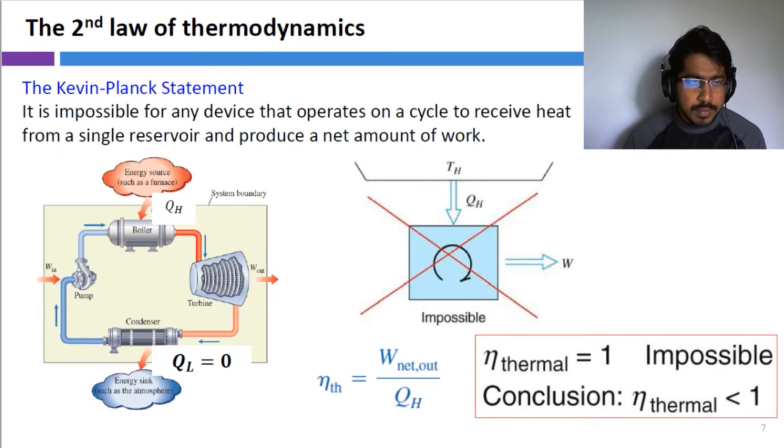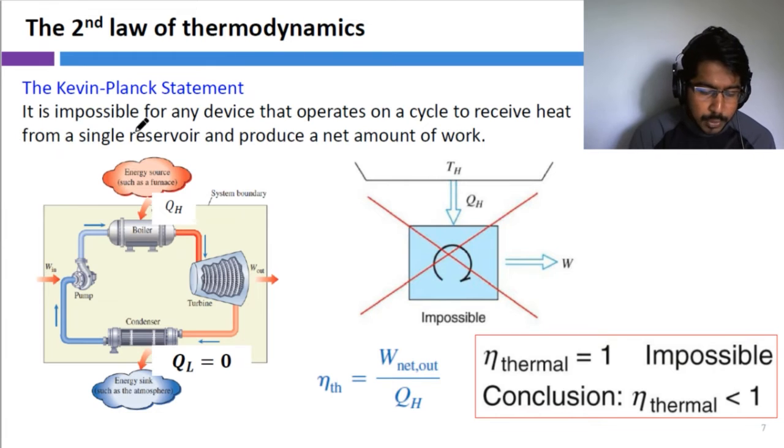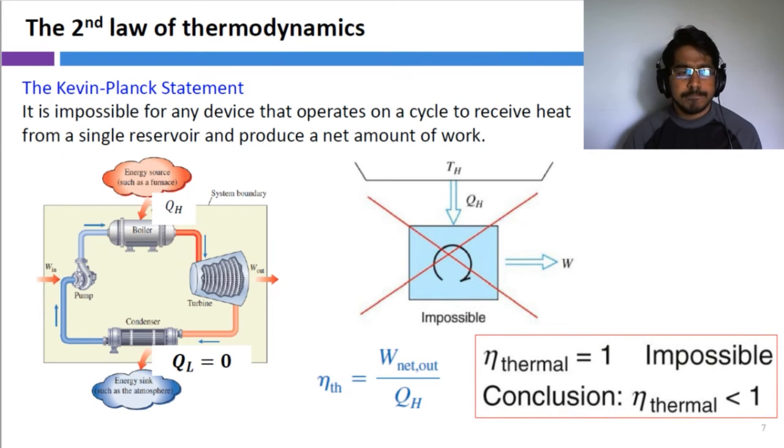The first statement is, it is impossible for any device that operates on a cycle to receive heat from a single reservoir and produce net amount of work.